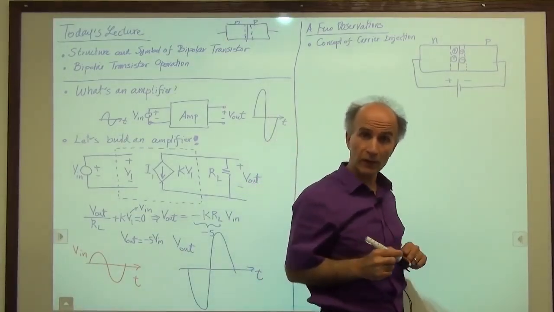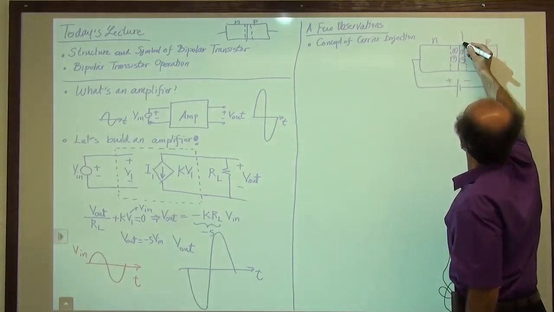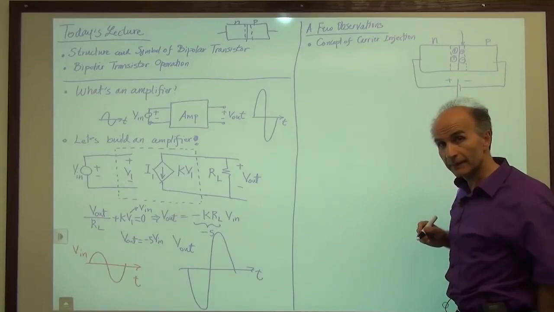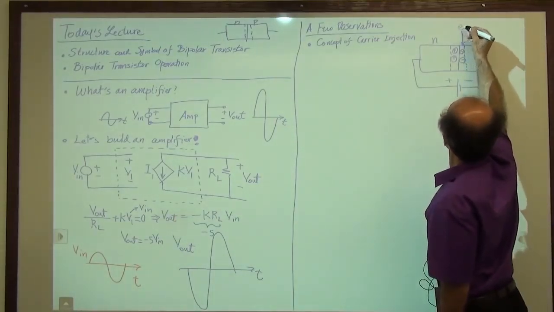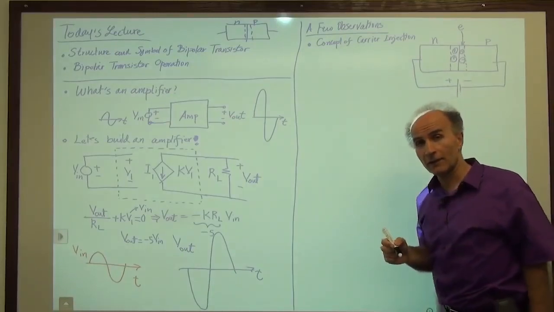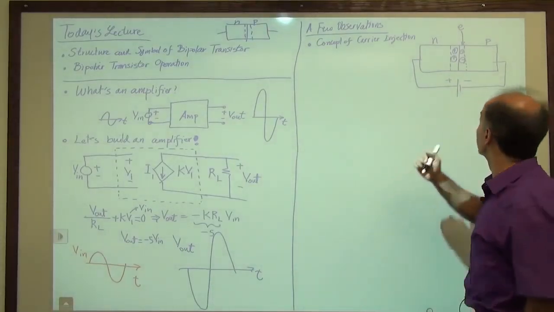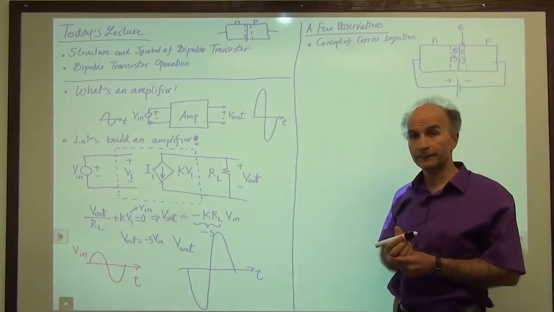In fact, we want to inject the electrons right here, right into this depletion region on the p side. So if I bring some electrons from outside and inject them into the depletion region on the p side, right here, what happens to those electrons?